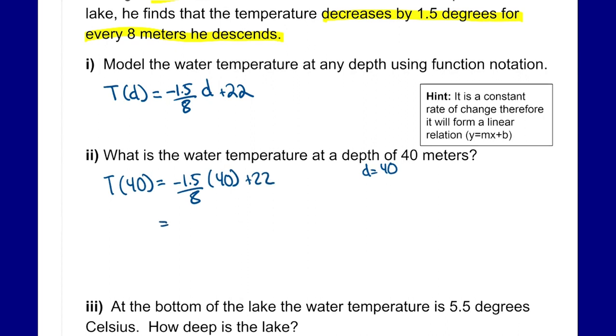Again, we can go through and calculate this. 1.5 divided by 8 times 40 is 7.5, or 15 over 2, and it's negative, plus 22. We get 14.5 degrees Celsius. Again, this is just a calculation, so as long as you're comfortable using your calculator, you should be able to solve that.